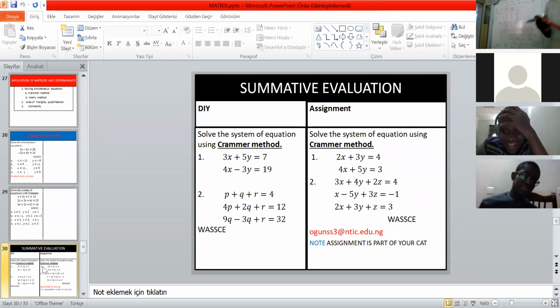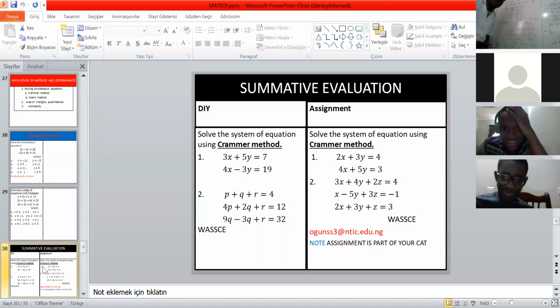Now quickly copy down this, everyone. It's easy because it's standard as a further mathematics student. So quickly copy the assignments, and this is where we are going to draw the curtain for today. Please copy the assignment for class. We are submitting 4, 2 for classwork and 2 for assignment, because I have just 2 minutes more.